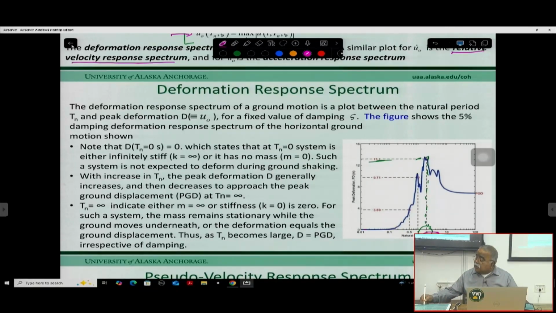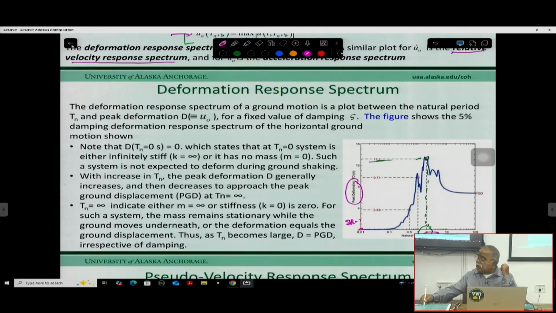Please see that the peak deformation is equal to 0 when Tn equals 0. When Tn equals 0, it is basically a very stiff structure.